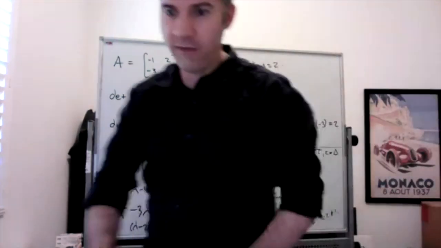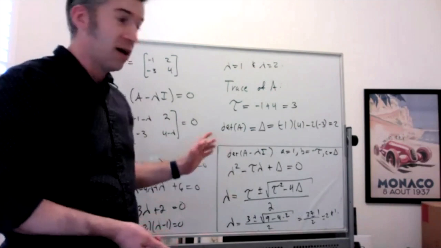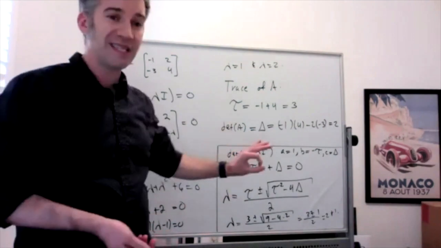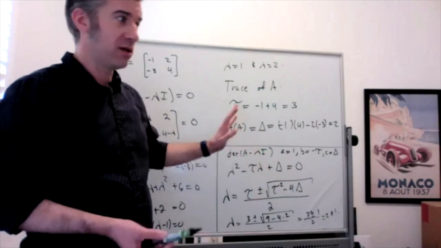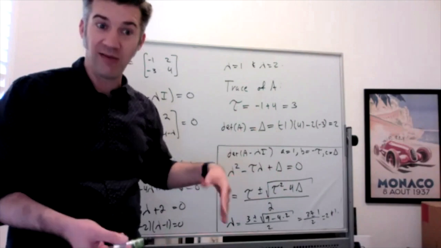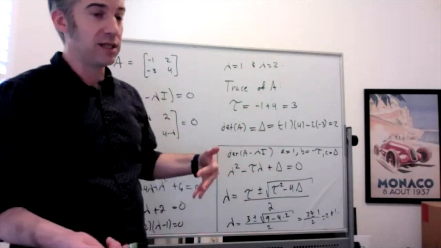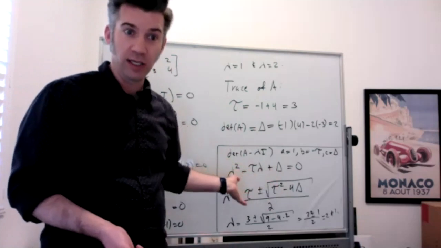Okay, enough sales pitch for that method. I will refer back to this method. The thing that's nice about knowing this is that later on, we're going to talk about categorizing our solutions based on what our eigenvalues look like. And it's really dependent on what we know about tau and delta, the trace and the determinant.